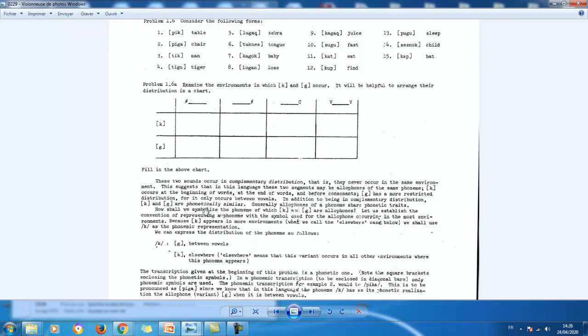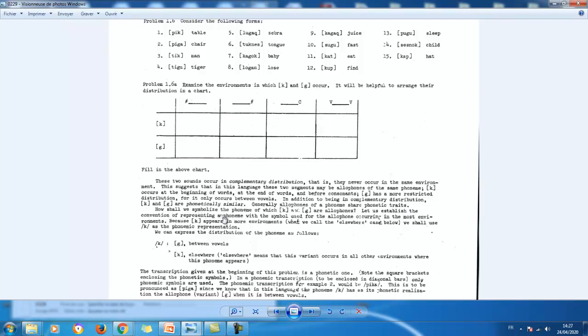That's why we say they are phonetically similar. Now, when two sounds occur in complementary distribution and they are phonetically similar, we may consider them as two allophones of the same phoneme. Now, generally, allophones of a phoneme share phonetic traits.